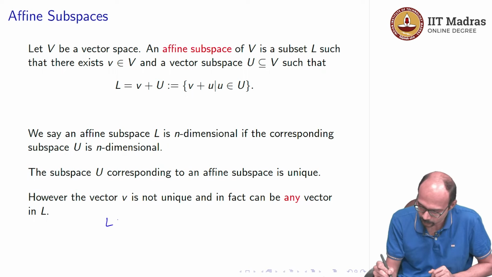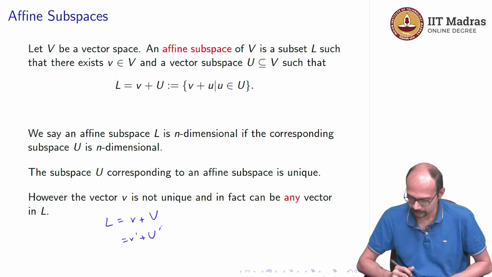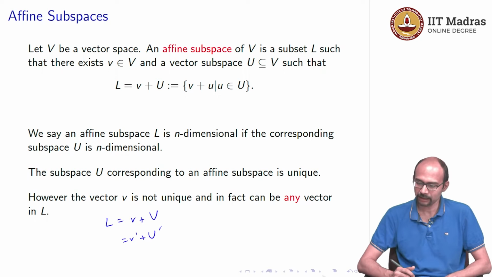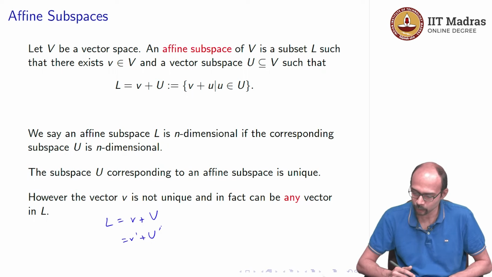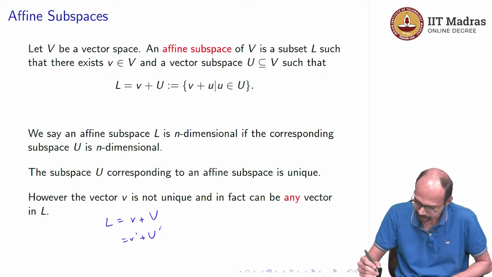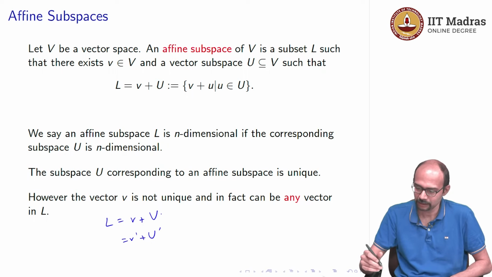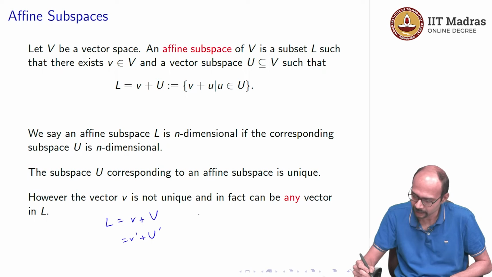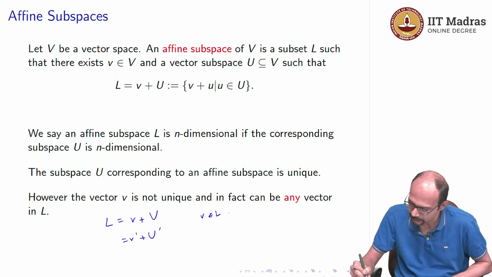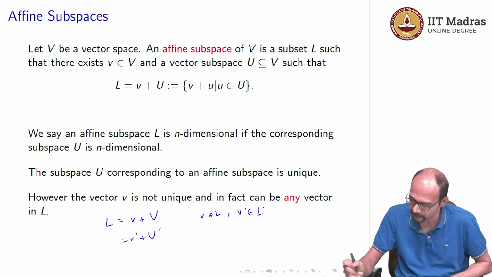Suppose we can write L as v plus U and also as v prime plus U prime. How do I identify my set U prime? We just observe that both v and v prime belong to L. So, v belongs to L, and v prime also belongs to L by the same reasoning.